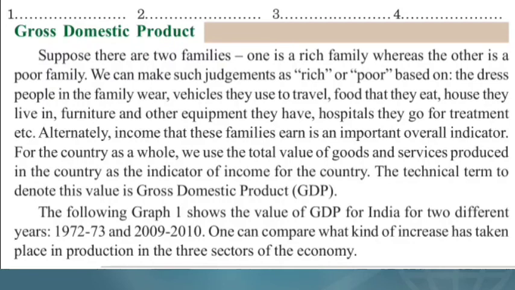It is the sum of production in three sectors. All the final goods and services belong to those three sectors only. Final means it is not used in the further production of goods or process. Understand?